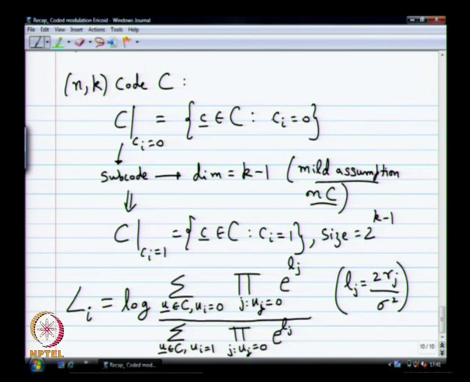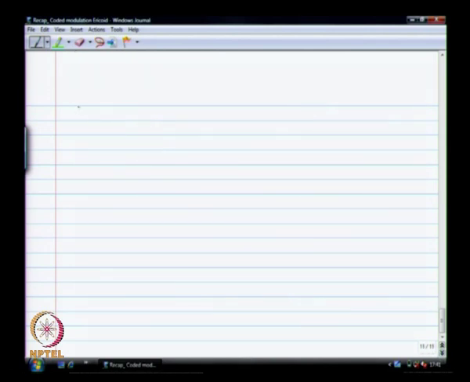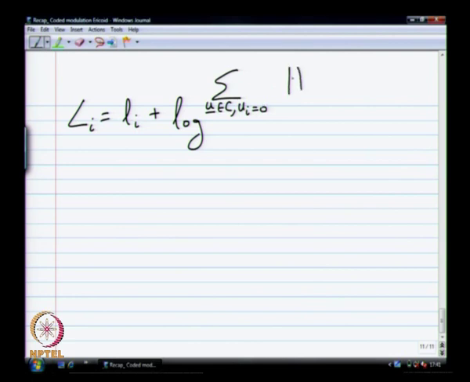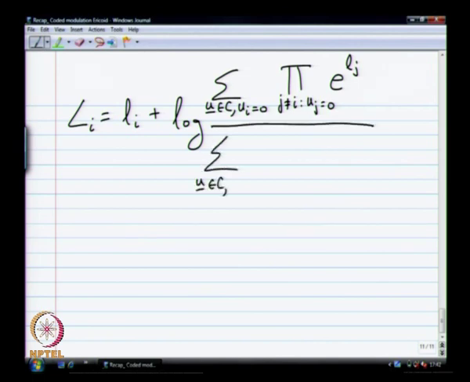Once again you can also do the general intrinsic extrinsic kind of thing. You can show that this will be the same as Li plus log of the summation over u in C such that ui is 0 of the product over j not equal to i such that uj is 0 of e power Lj, divided by the summation over u in C such that ui is 1 of the product over j such that uj is 0 of e power Lj.